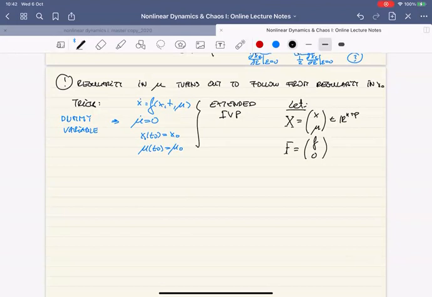So that's my dummy right-hand side, and that large one is something that depends on that capital X, right? Because it depends on x and depends on mu. Also depends on time, sorry.